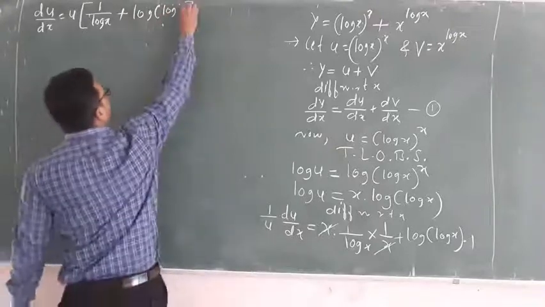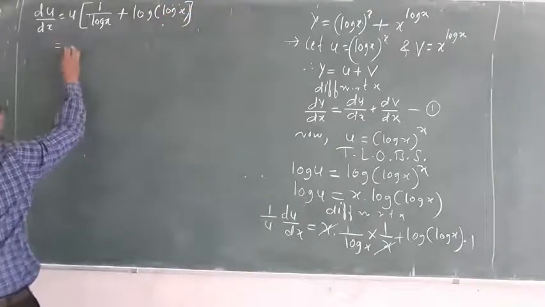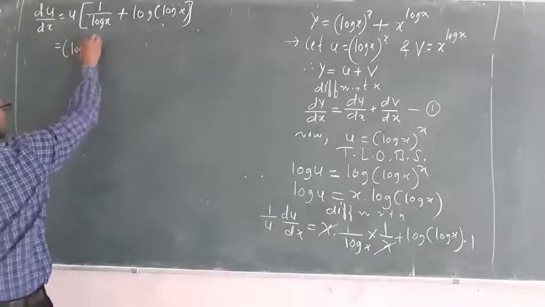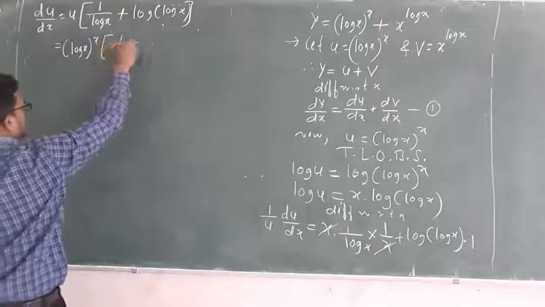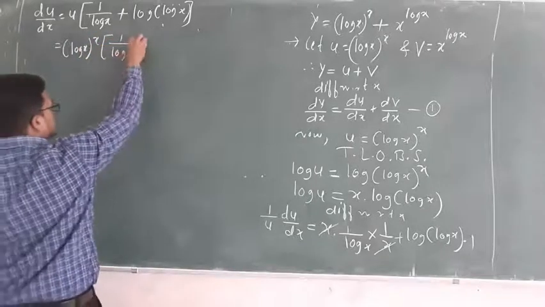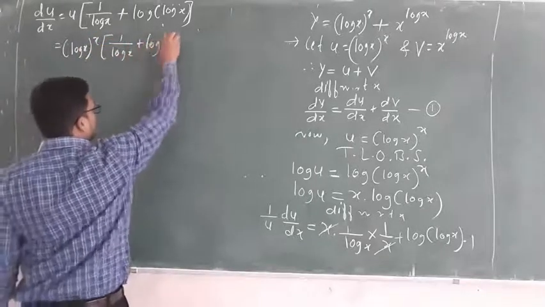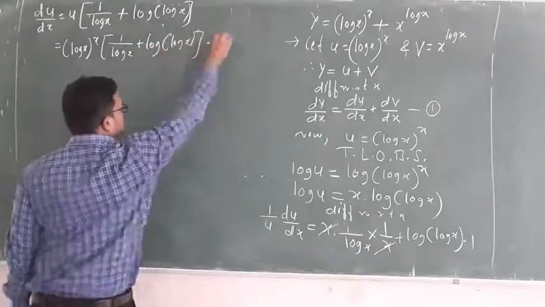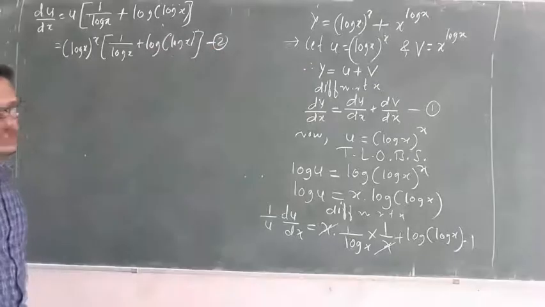Next, this u you have to substitute. What is that? u is log x to the power x, and 1 upon log x plus log of log x. And this is your equation 2.